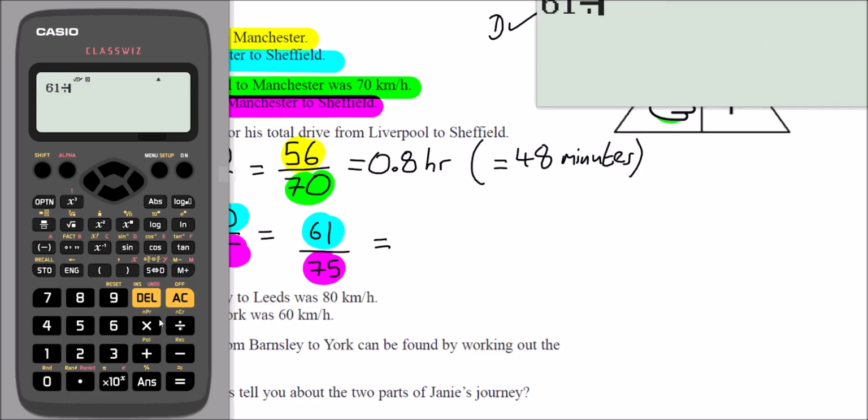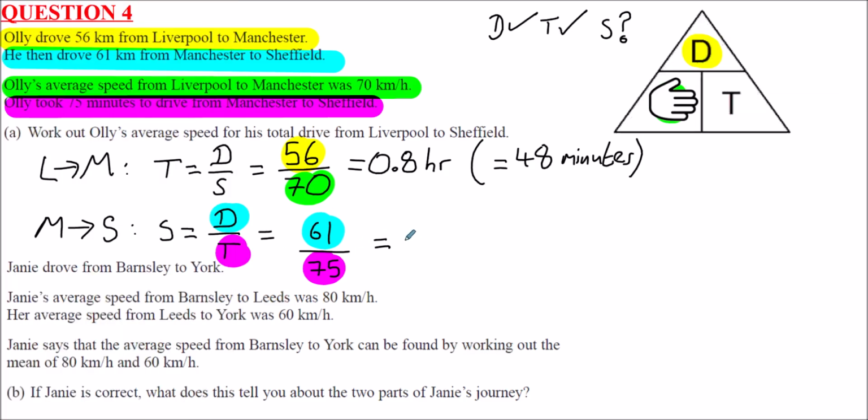gives us about 0.813. And that speed, I've taken units of kilometres and divided by units which are in minutes. Now there's 60 minutes in each hour, so I need to multiply this speed by 60 to convert it into kilometres per hour.